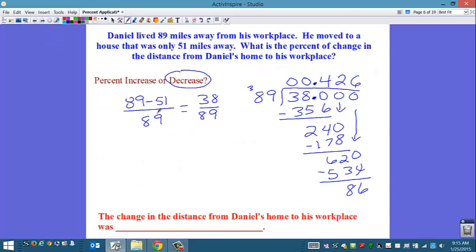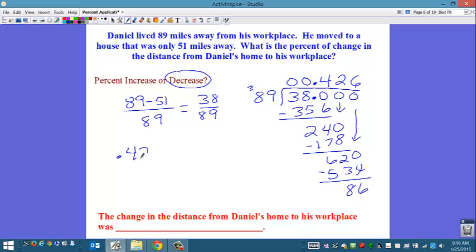So that's a little shortcut right there. We only need to divide to the thousandths place in order to determine our percent. Sometimes when you're doing this division, it's going to keep going for a little while, but you don't have to do all of that work. Since we're rounding to the whole percent, then we just need to divide out to the thousandths place. So we can stop right here.